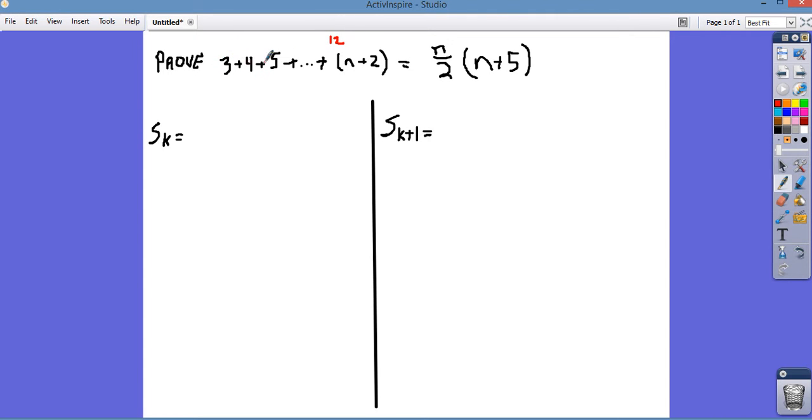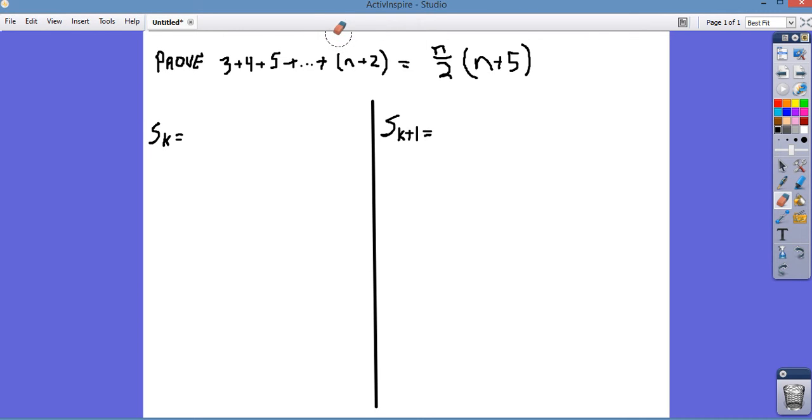Then if we added up the first 10 numbers, remember it's the 10th number in the sequence, so it would be 10 divided by 2, which is 5, and then 10 plus 5, which is 15. So we would get 75 if we added up the first 10 numbers in the sequence. Okay, so that's the idea behind what this formula does.